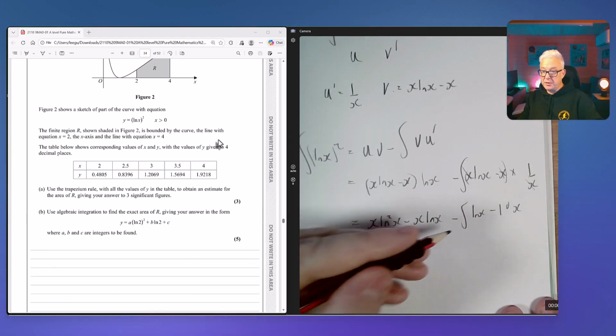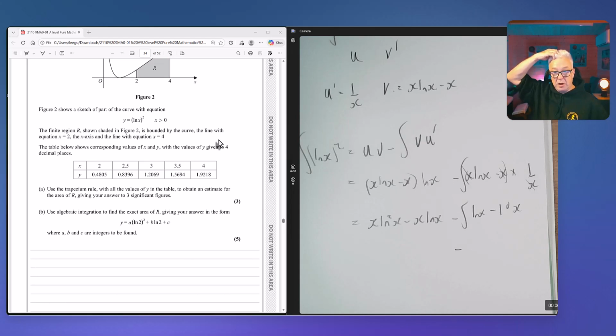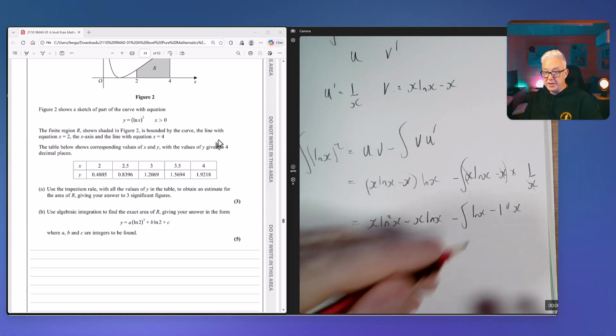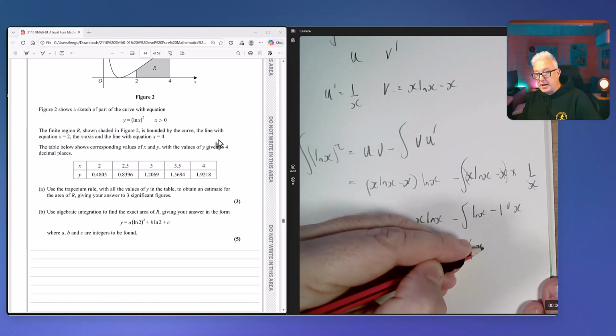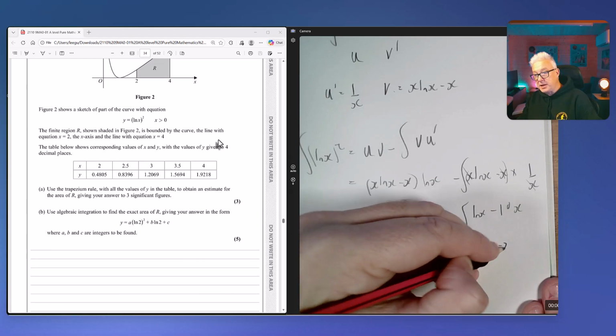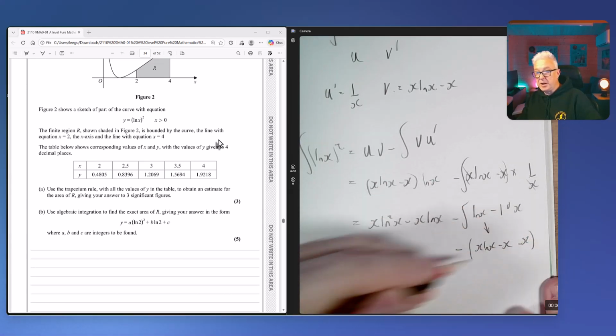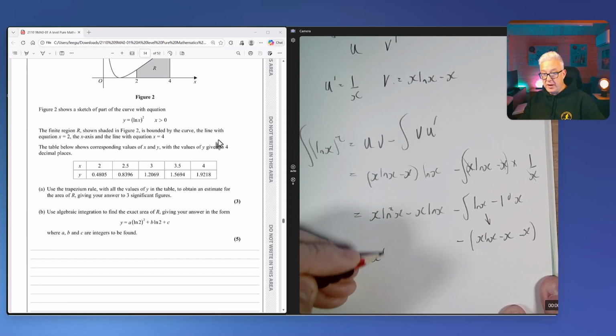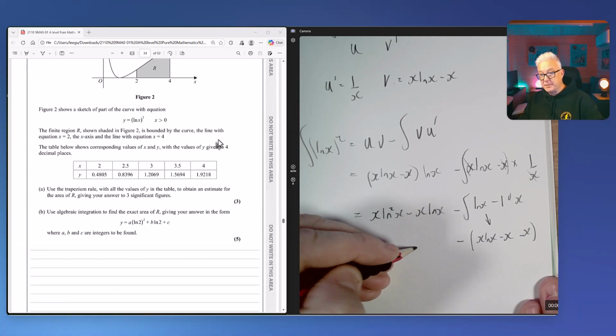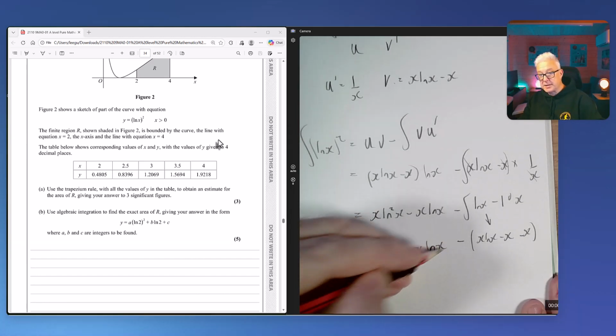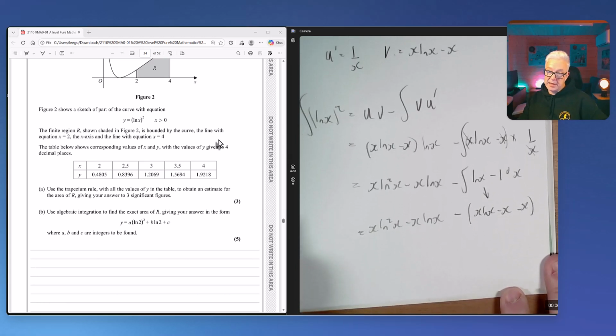Now we can insert the result from before. The integral of ln x is x ln x minus x. And then minus 1 is going to integrate into minus x. So we've got x ln² x minus x ln x, minus x ln x.